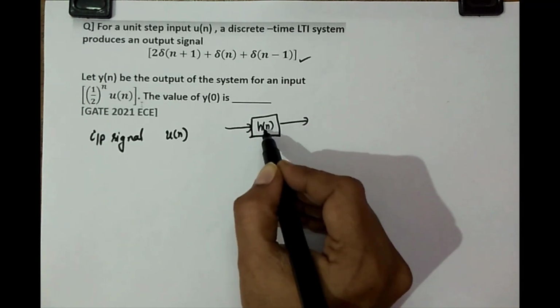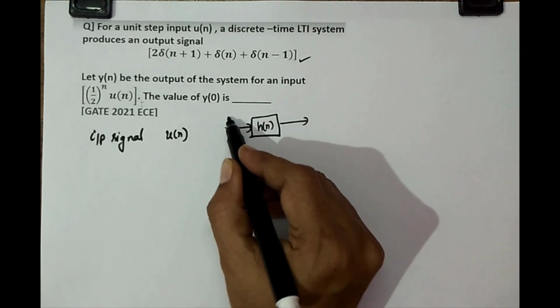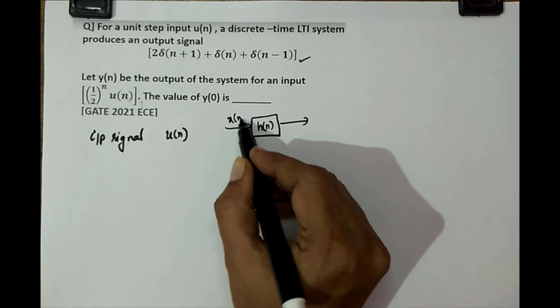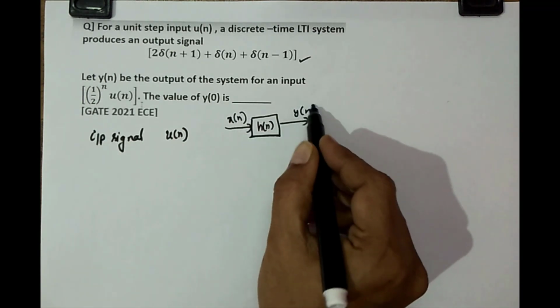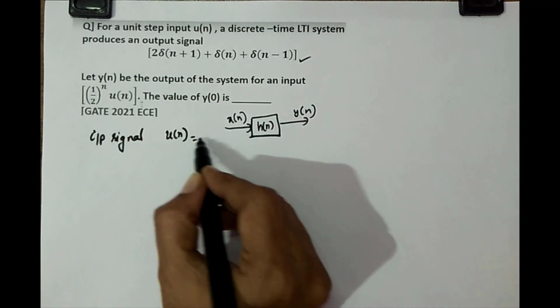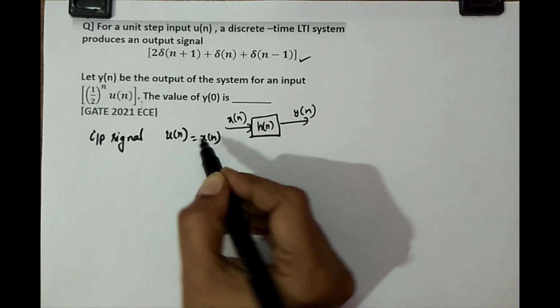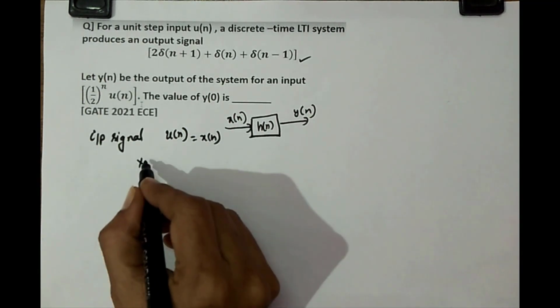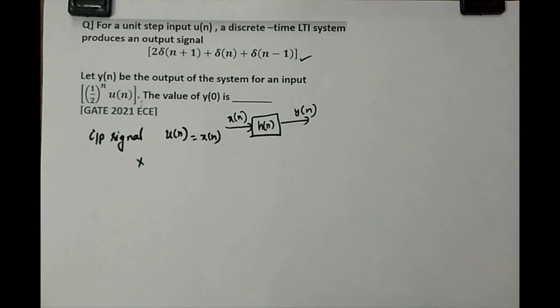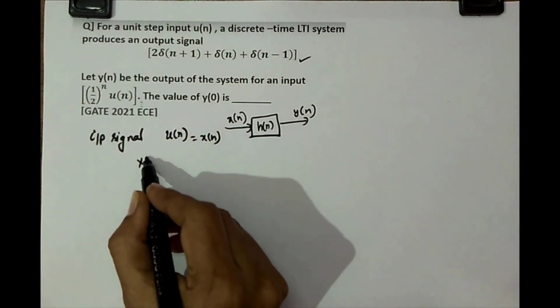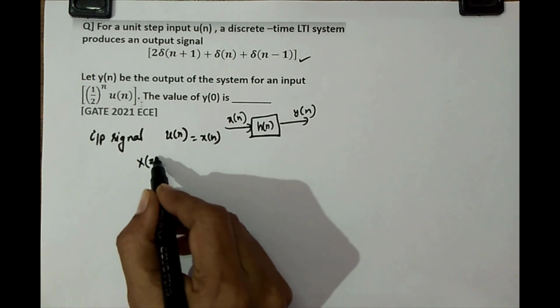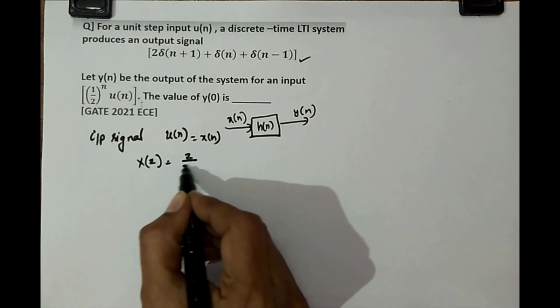So, the discrete LTI system response is h of n. Input is x of n, output is y of n. So, the input is given here as u of n. As the system is discrete, to solve this it is easy to apply the Z transform. So what is x of z? X of z is z by z minus 1.